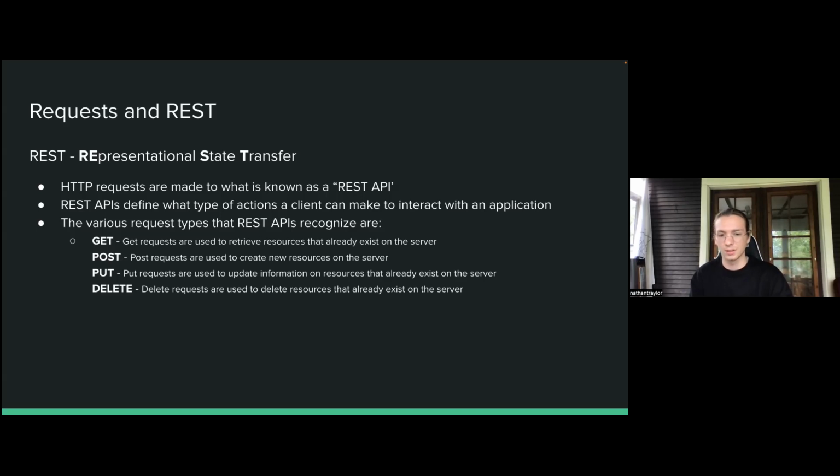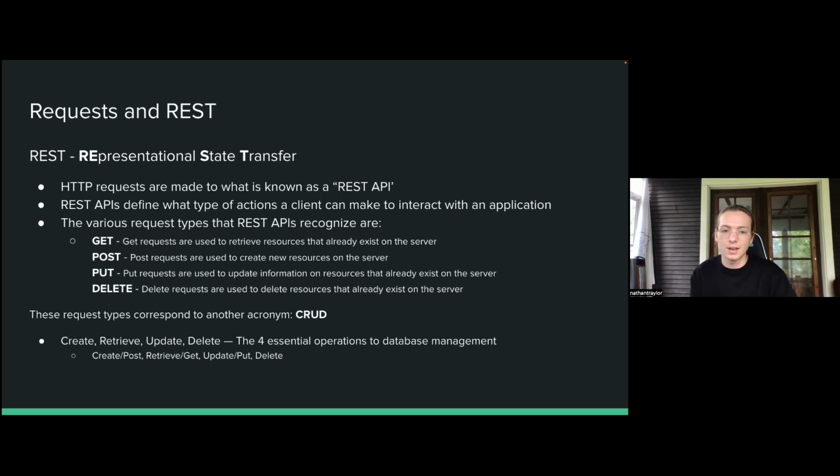And DELETE just deletes resources that already exist on a server. Now, these requests also correspond to another acronym, and that acronym is CRUD: create, retrieve, update, and delete. And if you've ever worked with any databases or done any database management work, you probably recognize those. But those are the 4 essential operations that go into database management.